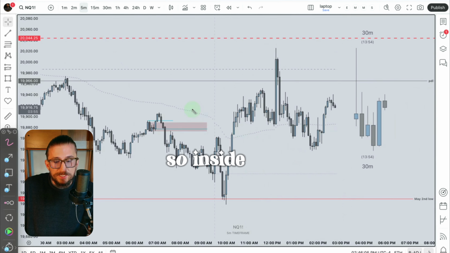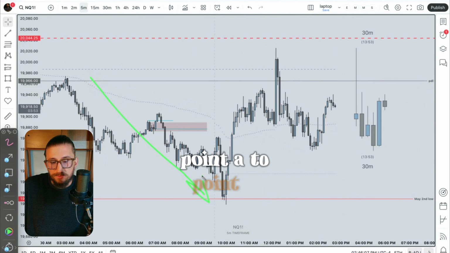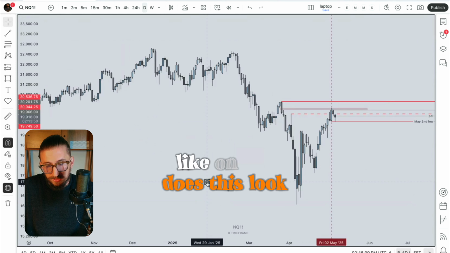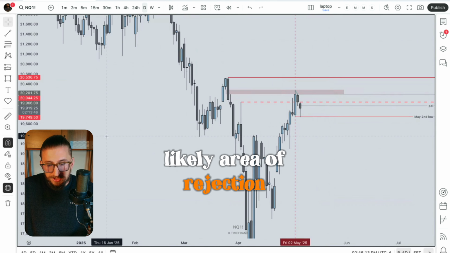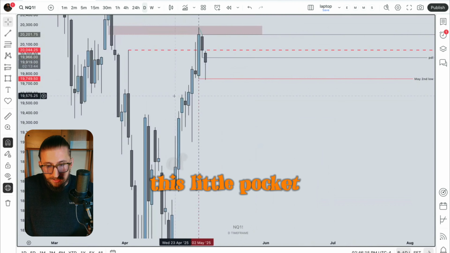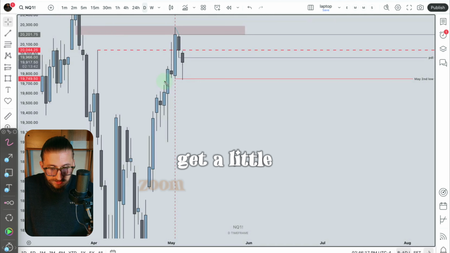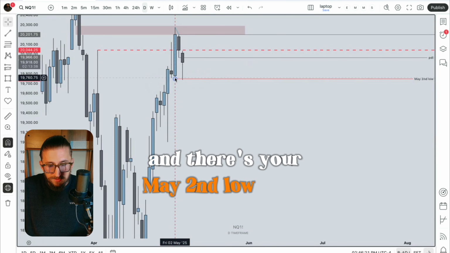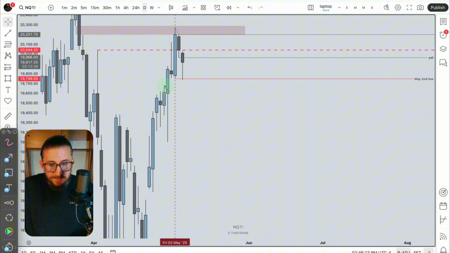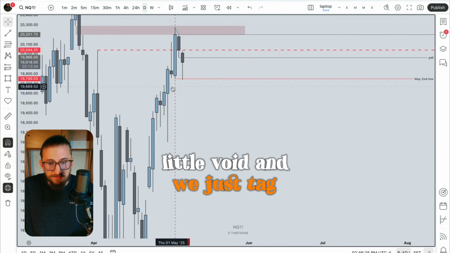So inside day break, trade from point A to point B. And again, what does this look like on the daily? Just to make it really clear, we saw that there was a likely area of rejection, and we have this little pocket of void down here. Get a little zoom. Boom, there's your fair value gap, and there's your May 2nd low right here. Friday, May 2nd, little void, and we just tag right into it.